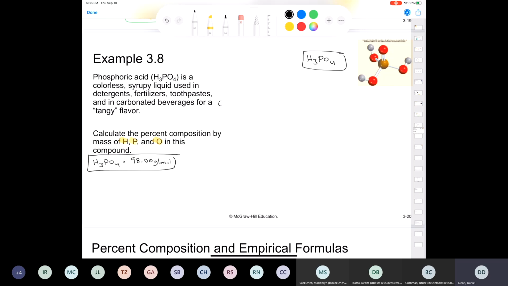So for our oxygen, in H3PO4, you can see that the red atoms represent the oxygens, and there are 1, 2, 3, 4 oxygens.